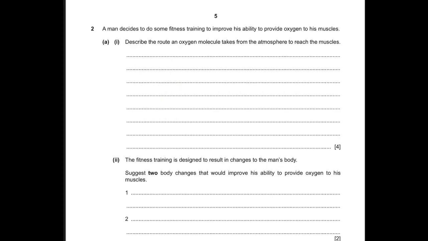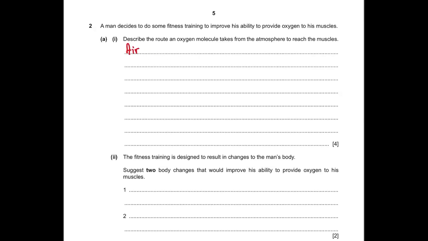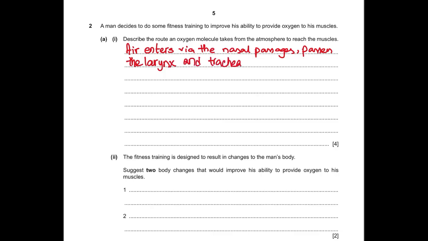A man decides to do some fitness training to improve his ability to provide oxygen to his muscles. Describe the route an oxygen molecule takes from the atmosphere to reach the muscles. Okay, so first the air enters our body through our nasal passages, which is our nose. Then it passes the larynx and the trachea.